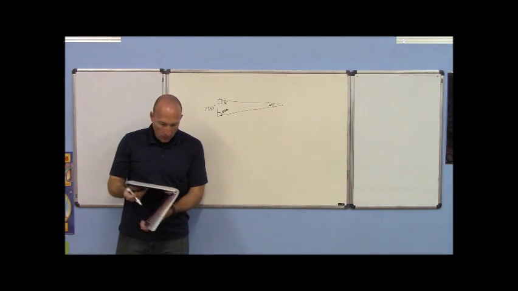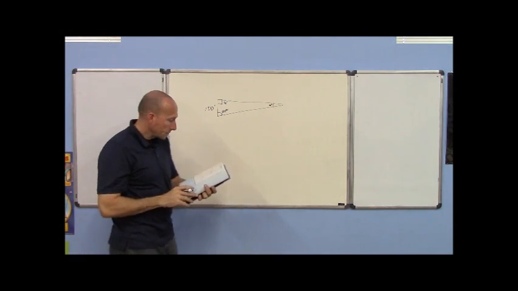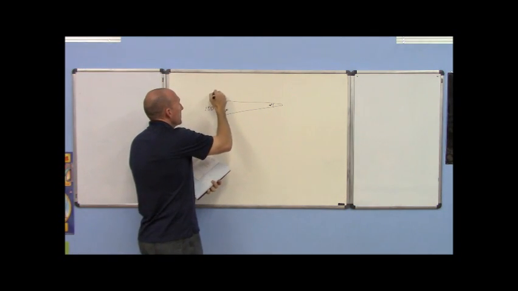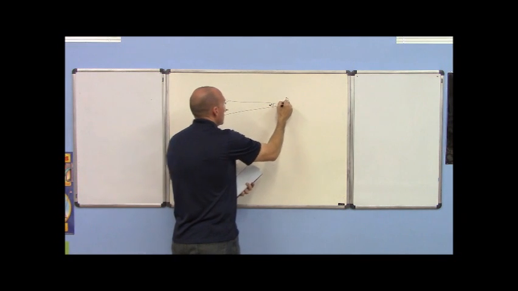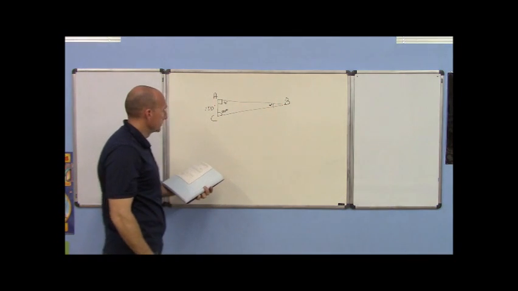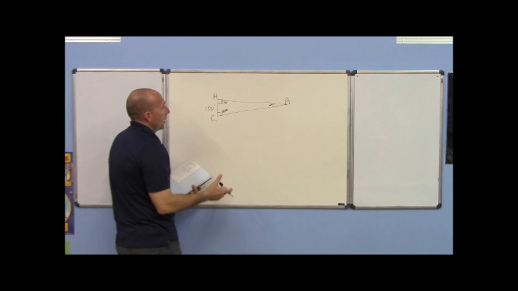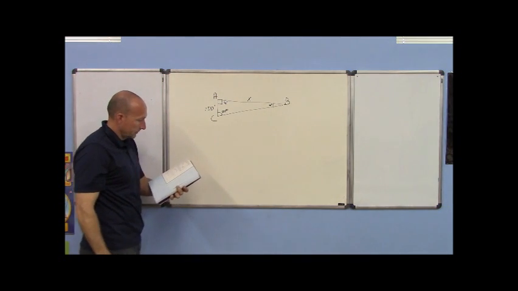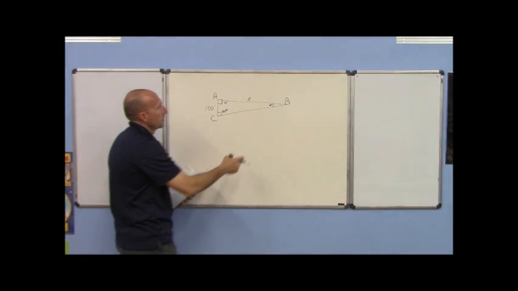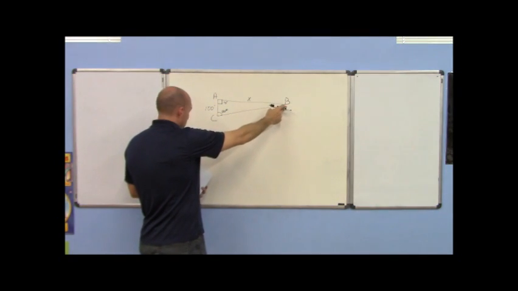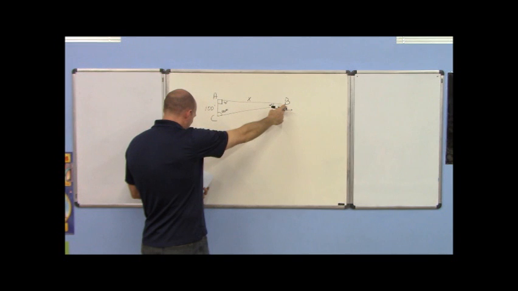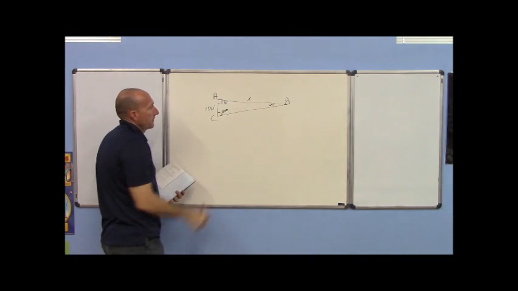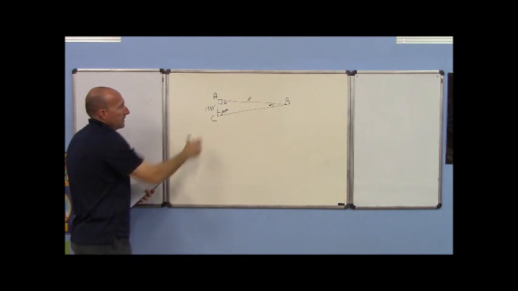So here, we are looking for the distance AB, between A and B. Since we're looking for this distance, we're going to use the 80 degrees, it's asking us to use the 80 degrees.